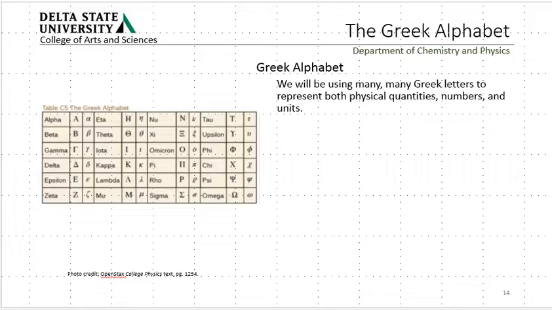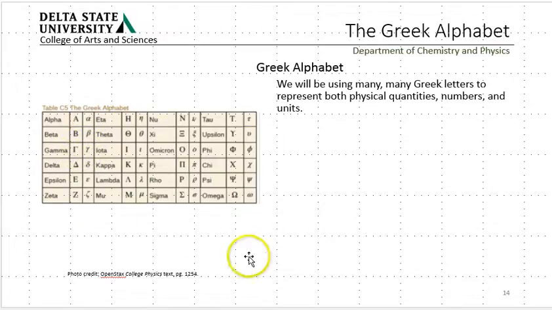So in physics, we use the Greek alphabet a lot simply to help us keep things straight and keep things clear. Now, some of you may know some of the capital letters, like pi, kappa, alpha, but you're less familiar with the little kappa and the little alpha or beta or gamma.